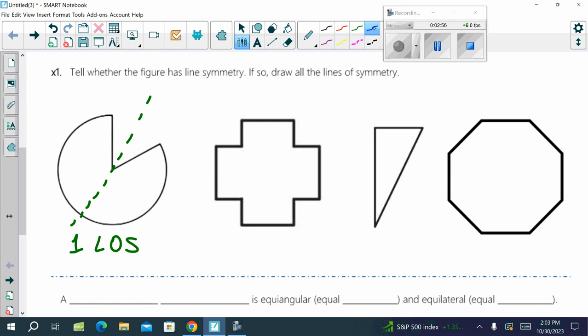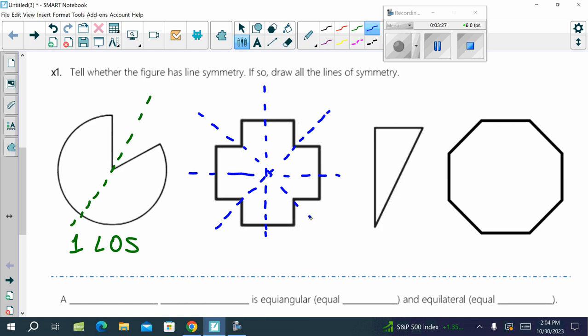What about the big plus sign, hospital looking symbol? Where do you see lines? Through the middle, like the top. So we can draw vertical, horizontally, and you could draw diagonally both sides, correct?